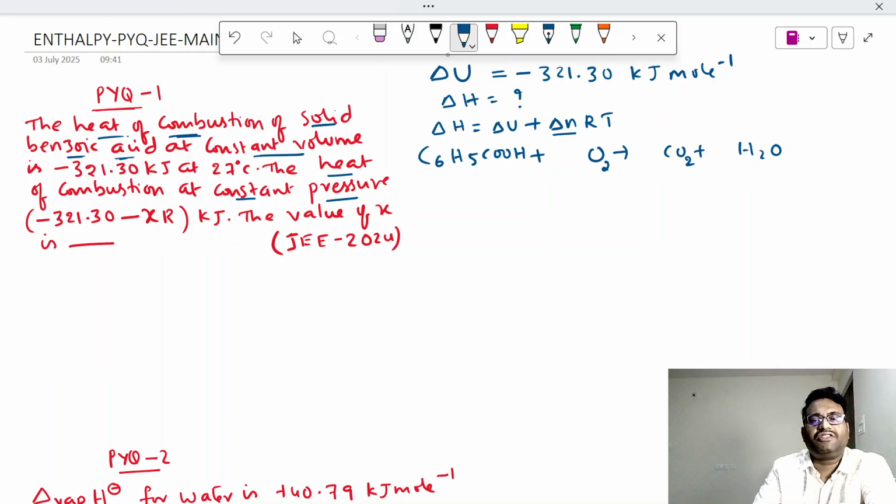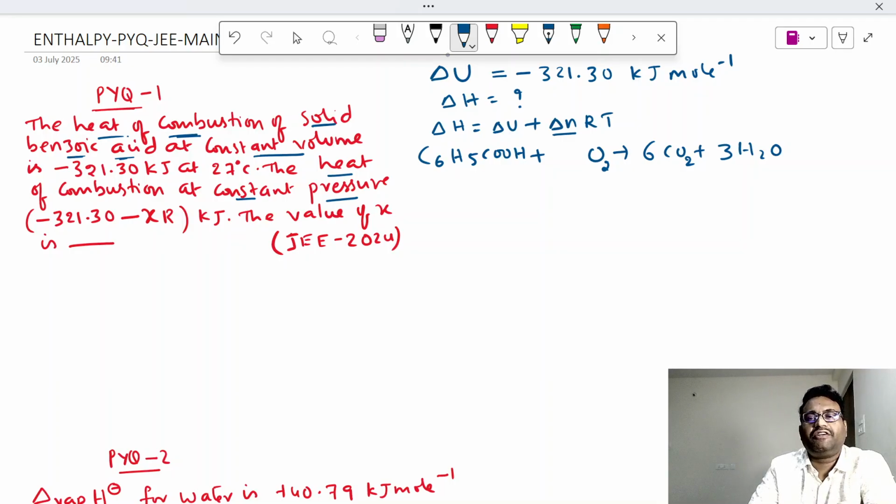So we need to balance this equation. There are 6 carbon atoms, so 6 CO2. There are 6 hydrogens, so 3 into 2 gives you 3 H2O. Already in the reactant there are 2 oxygens.